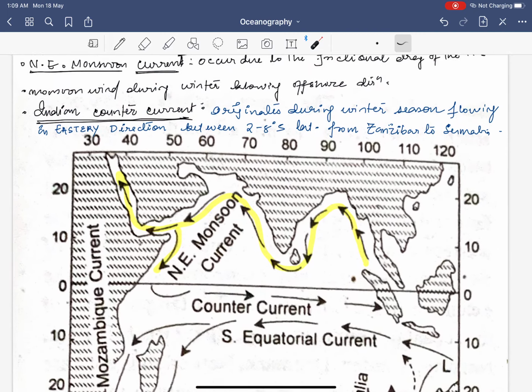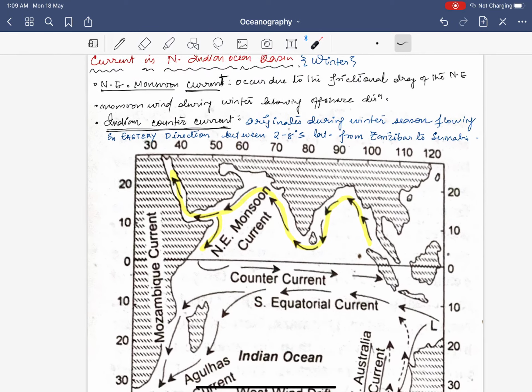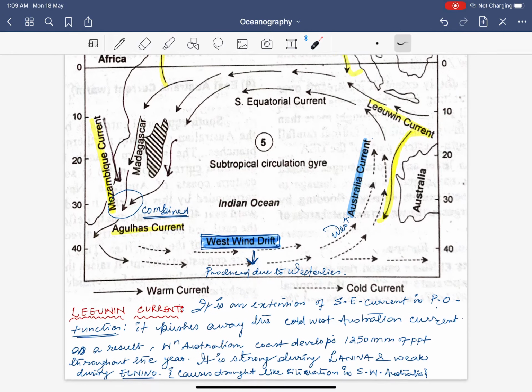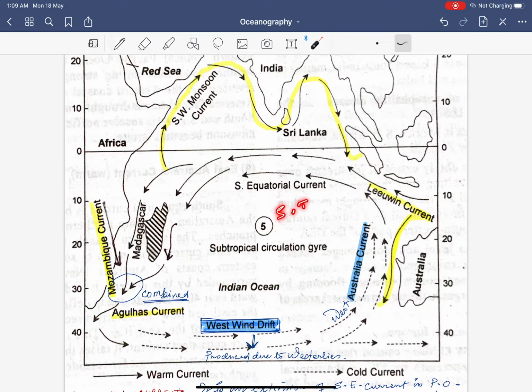Similarly, during the time of the northeast monsoon or the retreating monsoon, the current changes its direction, and it is called the northeast monsoonal current, which enters into the Red Sea and into the Mediterranean. Now, within the southern Indian Ocean, you can see that we have the south equatorial current.